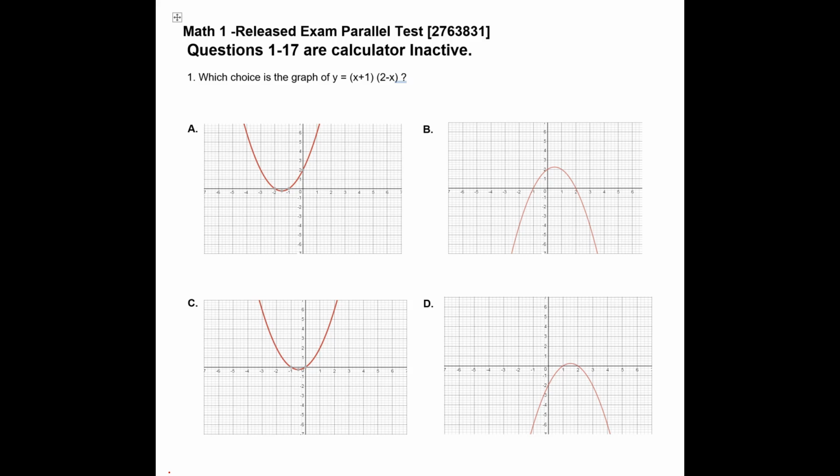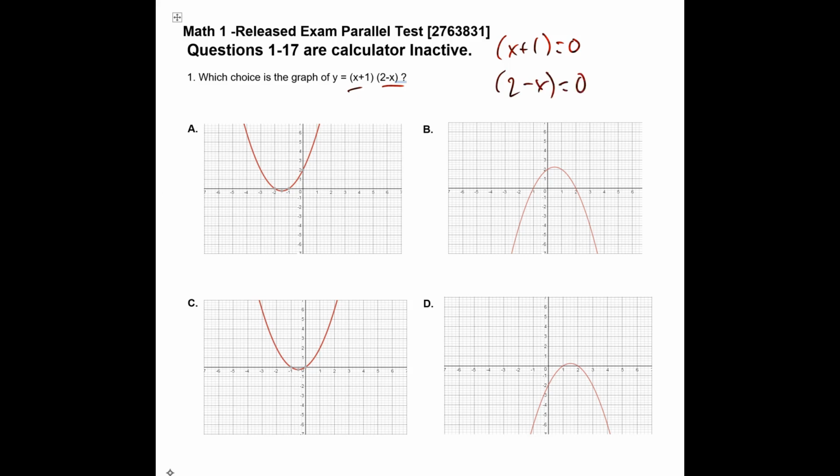All right, so which choice is the graph of y equals (x plus 1)(2 minus x)? So these are the roots, everybody. These are your roots. And so if you want to solve this, we can set this equal to 0 and solve, all right? Because if we set them equal to 0, that represents the roots, which represents the solutions, which gives us our equation. So if I do x plus 1 equals 0, and then 2 minus x is equal to 0, we know that's going to be the opposite.